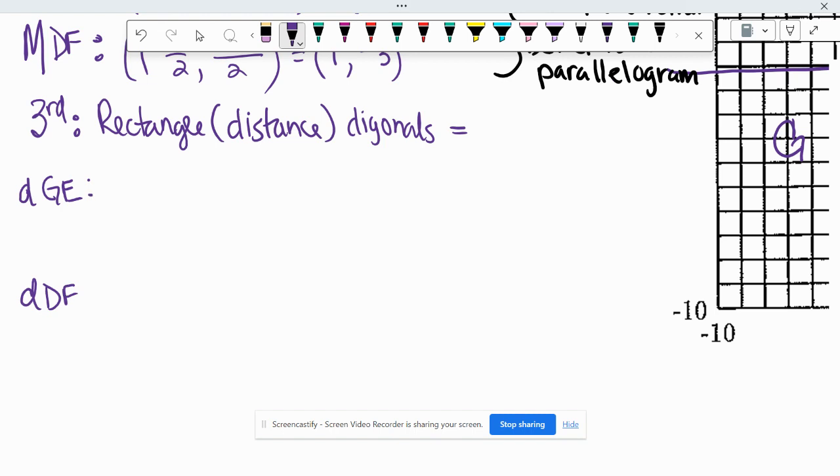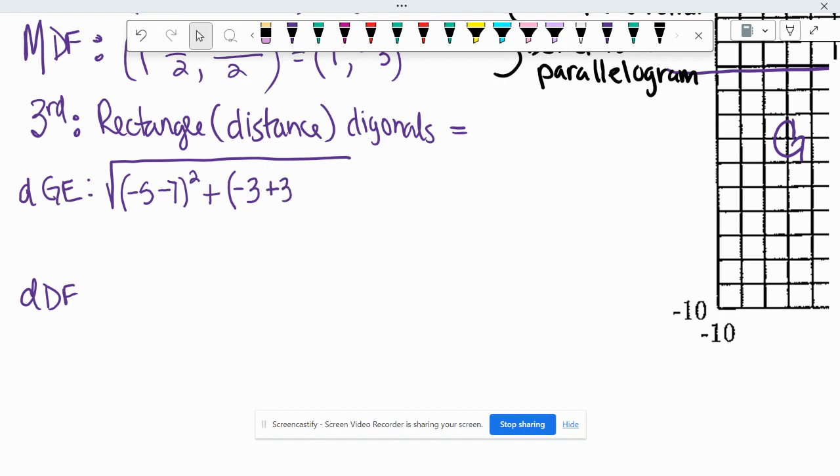So ordered pair GE. Let's see. I have negative 5 minus 1 squared. Oh, sorry, that's 7. Minus 7 squared plus negative 3. Minus a negative becomes plus 3 squared.